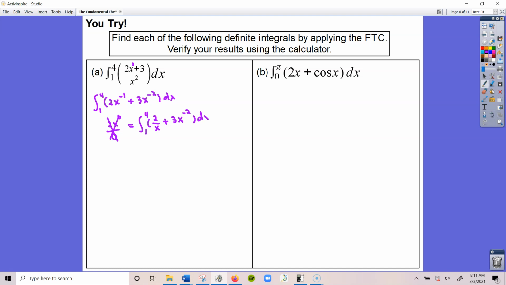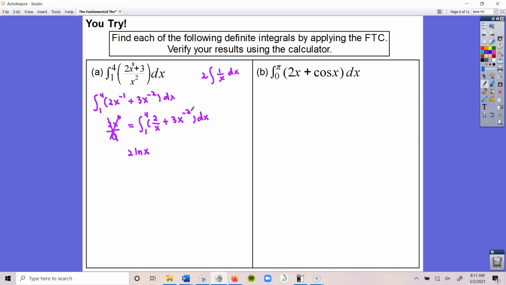And 2 over x is basically 2 ln of x, because if I rewrite this as 1 over x, since the 2 is just a coefficient, the integral of 1 over x dx is the ln function. So that's why this is 2 ln of x.